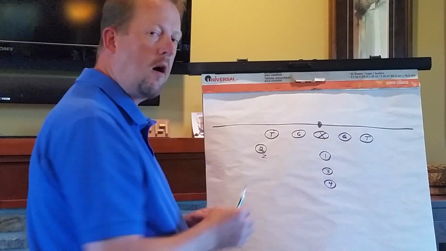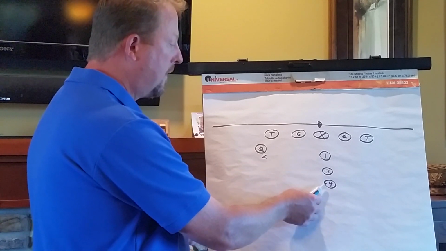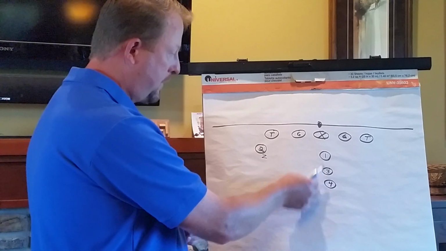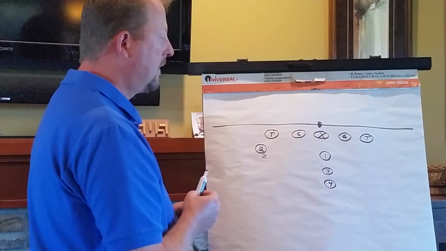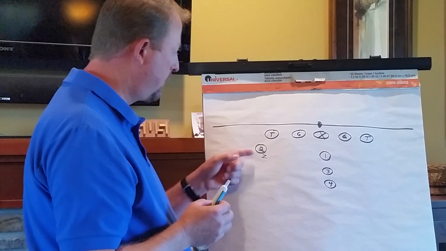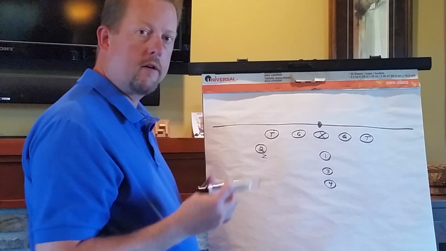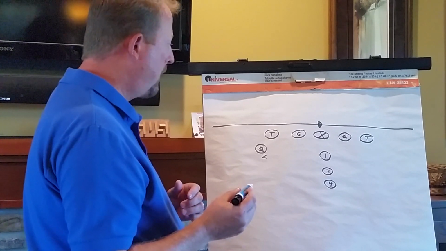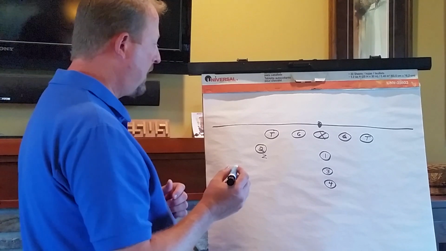Now, that's the numbering of all the backs. The quarterback, the fullback, the halfback, or 1, 3, 4, and 2 is the slot, or the wing, or in our case, the Z. Now we look at receivers. We have two other players that we need to identify.